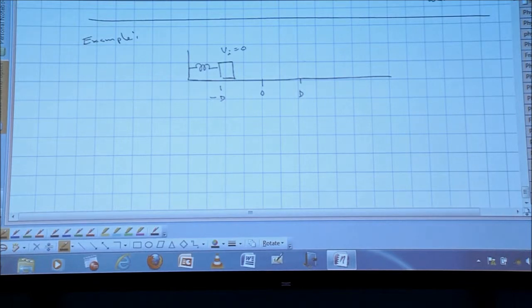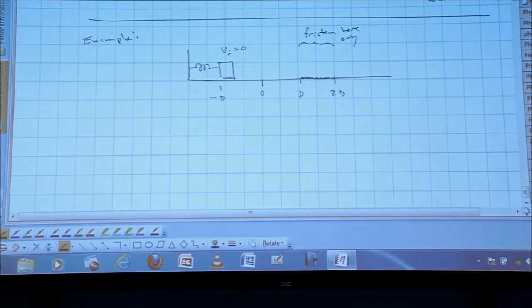And then we're going to have a section here with friction from d to 2d. We'll have a rough section, right, with friction. Everywhere else is frictionless. And let's see, should we have it go up somewhere?